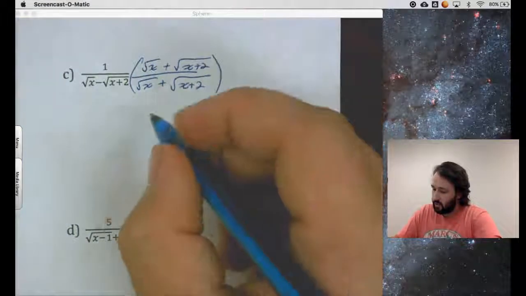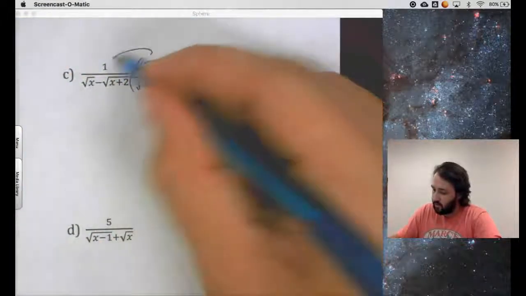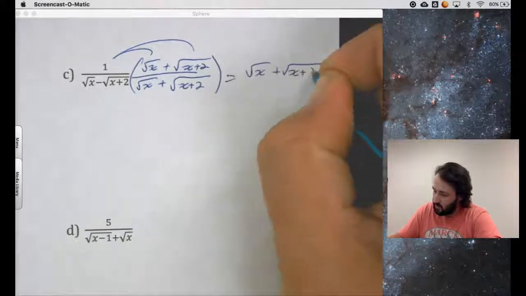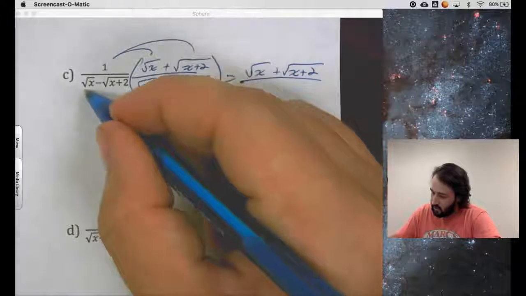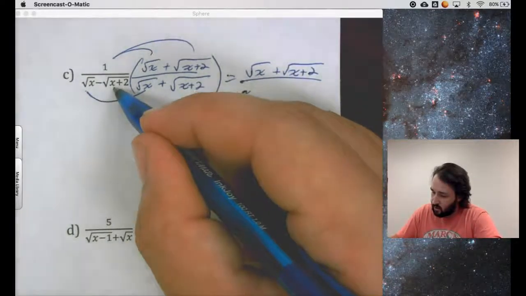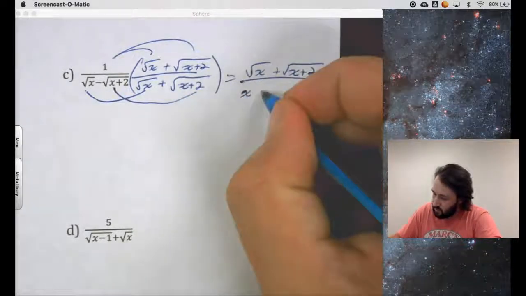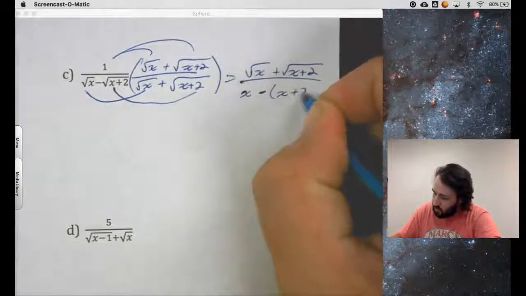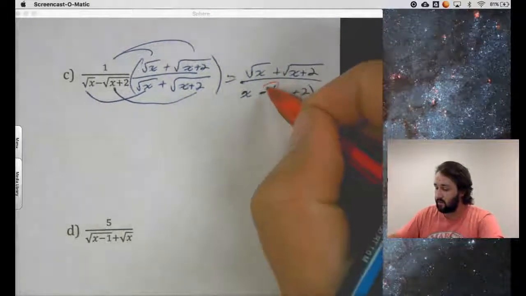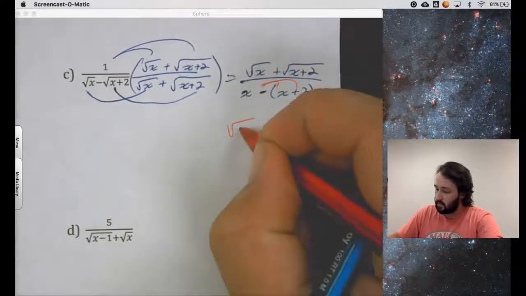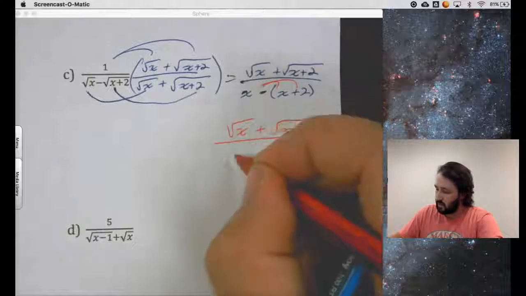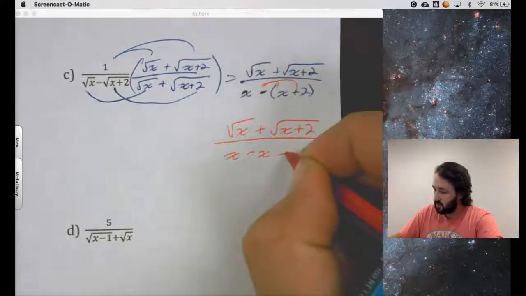So in my numerator, I'll distribute that 1 to both terms, so that just becomes root x plus root x plus 2 over, so now root x times root x would give me x, and then negative root x plus 2 times root x plus 2 would be minus x plus 2.